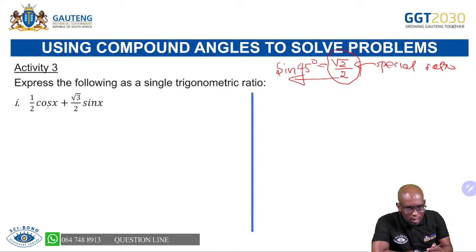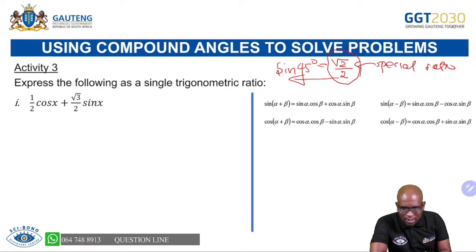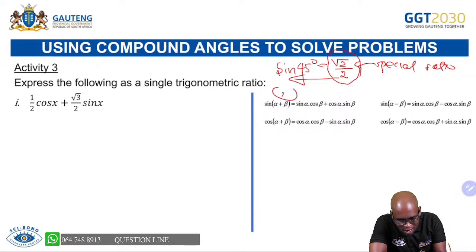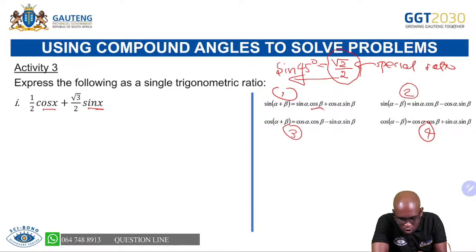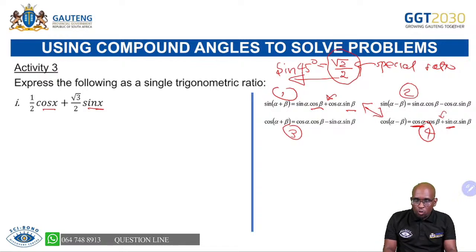Now, let's look at the formulas here, 1, 2, 3, 4. If you check, we have cos, we have sine, and we have a plus. So it's either equation 1 or equation 4.